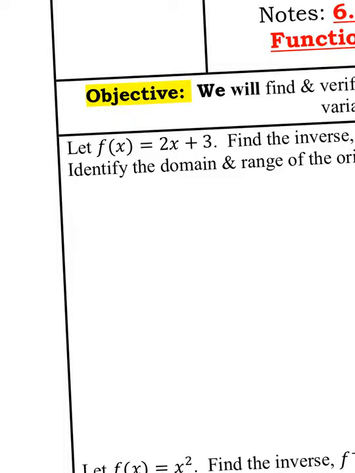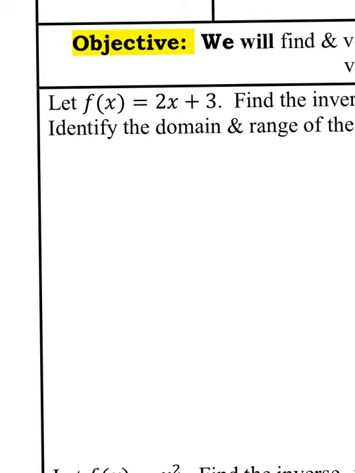So the first thing we need to do here is just switch the x and y variables and then solve for y again. So f of x is interchangeable for y, and so it'll say x equals 2y plus 3.